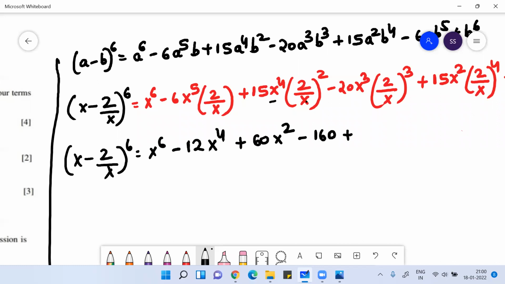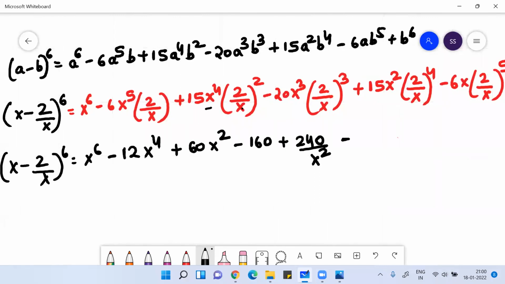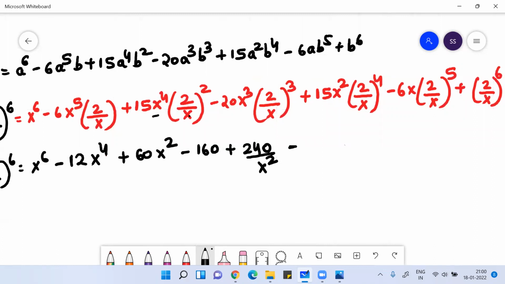Then plus 15 into 16, which is 240, by x square. Then 6 into 32 is 192, by x to the power 4, and this is 64 divided by x to the power 6. So this is the expansion of this.